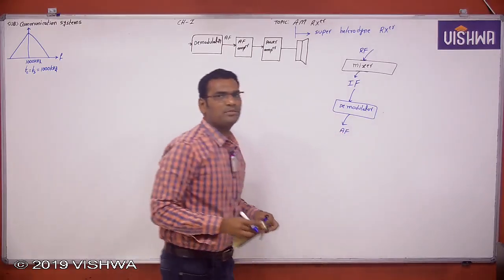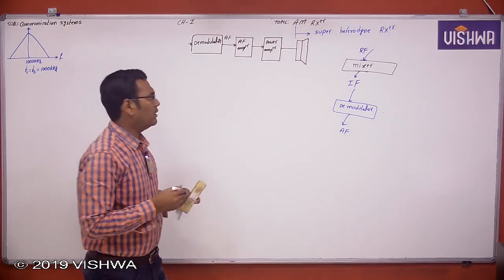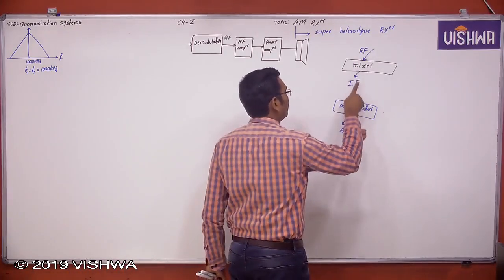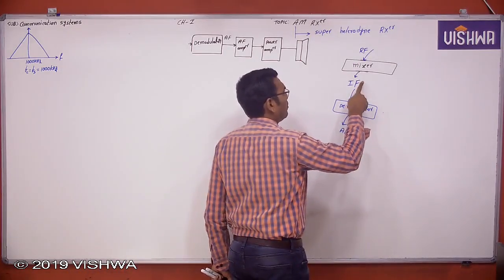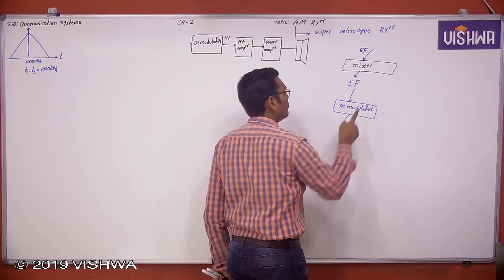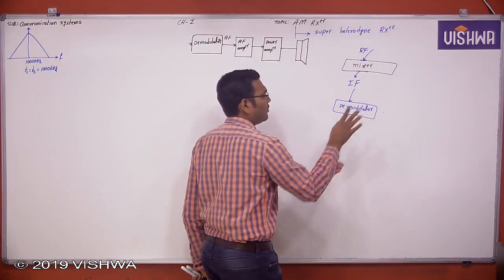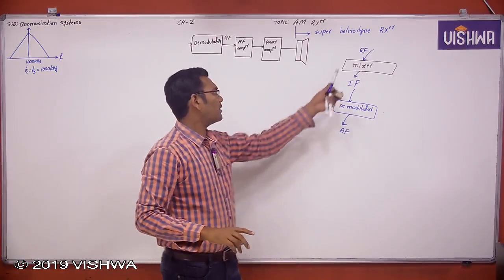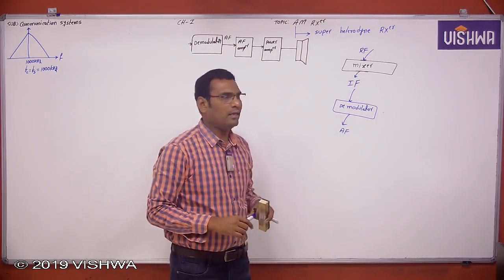Okay, this is the principle of the superheterodyne receiver. The incoming signal is down converted to a fixed frequency called the intermediate frequency, and then goes for demodulation with the help of a demodulator. So it is RF stage to IF stage to AF stage.